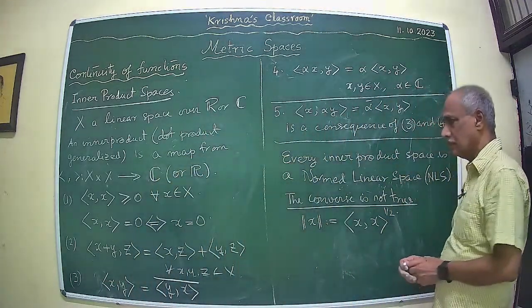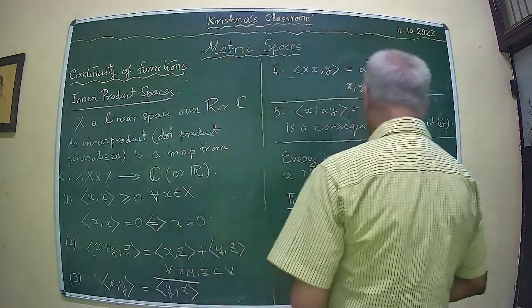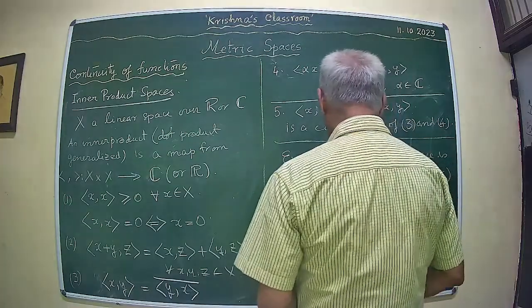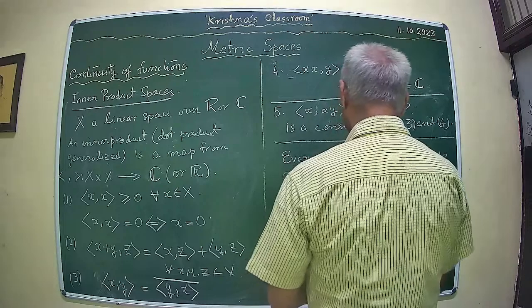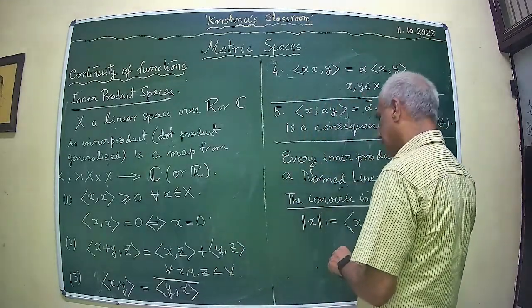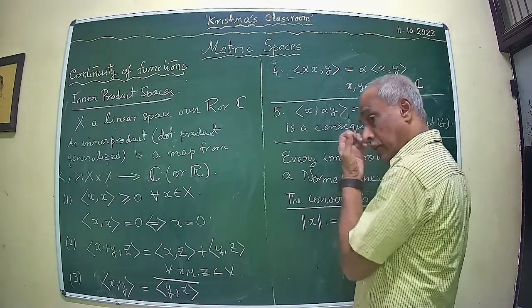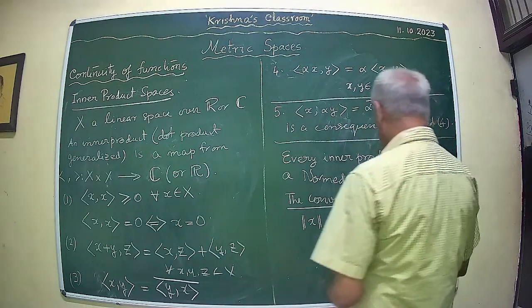And you know that this is greater than or equal to 0, therefore you can take the positive square root of that. The positive square root defines what is called the norm of X, and this is the Euclidean norm in that space, subordinate to the inner product that you introduce.